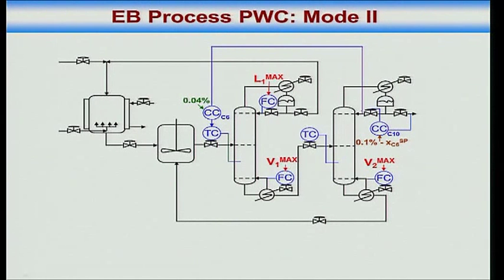So the product benzene impurity is setting the temperature set point. So that takes care of benzene impurity. Then I set the diethyl benzene impurity in the product as 0.1% minus whatever was the set point here. That gives me how much diethyl benzene I am allowed to leak out. So independent is benzene, dependent is diethyl benzene, the way I have drawn it.